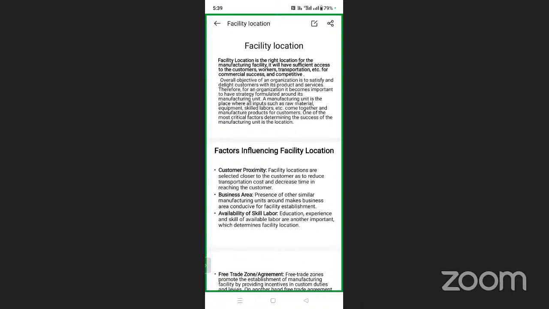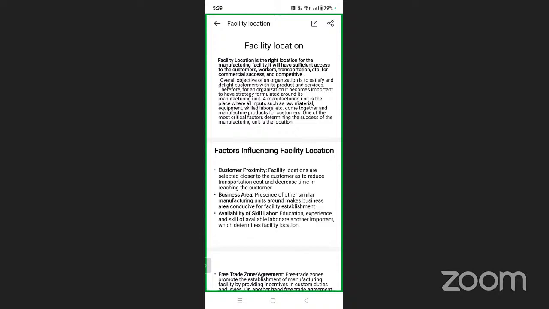First of all, we have to search and locate the facilities. After the end of the production, first of all, we have to see how the products will be delivered to the customers through the different channels easily.